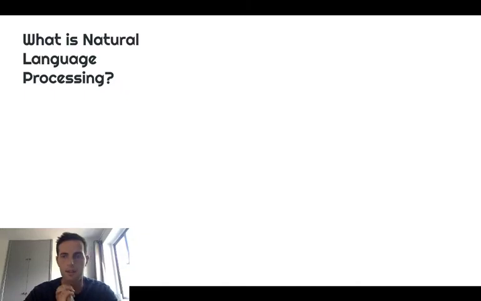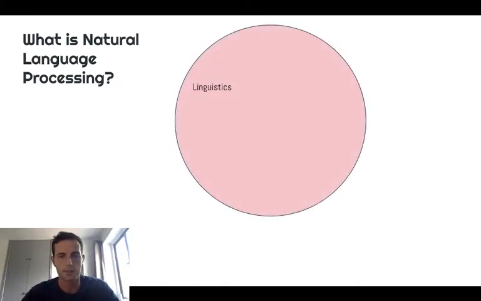Well, it's really the intersection of three different fields. The first of those is linguistics, which, if you haven't heard of it before, is essentially the study of language, the syntax, and the meanings and grammatical rules that society attach to those.